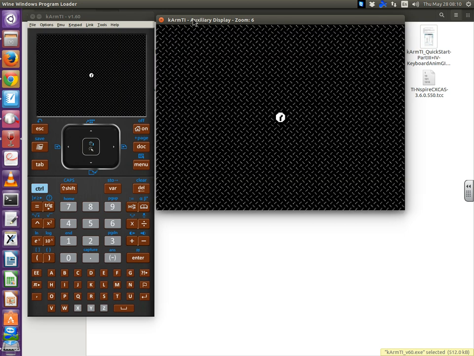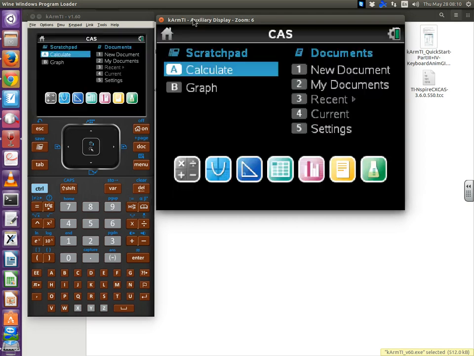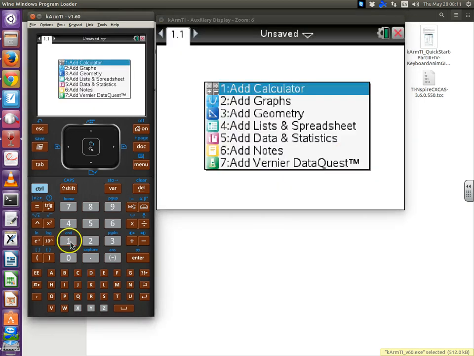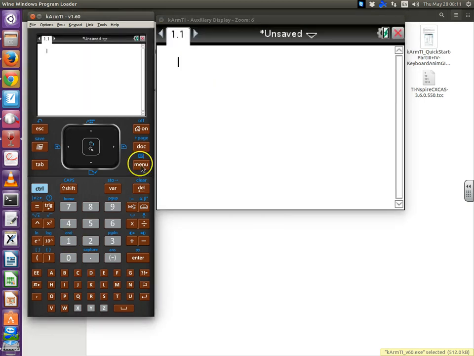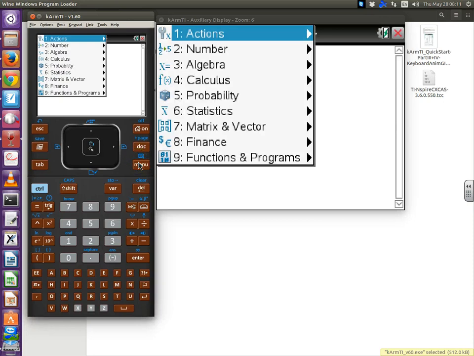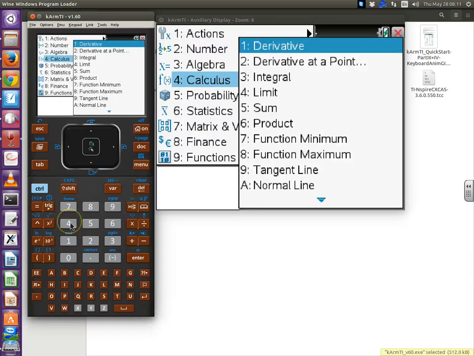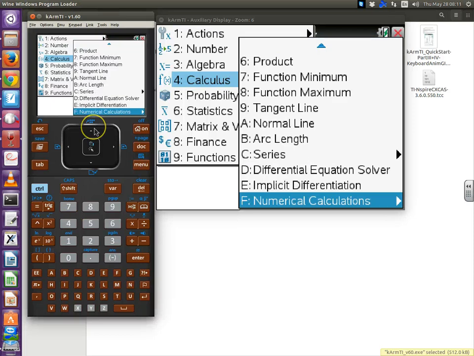Let's do a DE solve. All right, so new document, calculator, menu. All right, what do I want? Like yesterday. We did DE solve yesterday, right? Where's DE solve? Where's it in calculus? Now it's way at the bottom, isn't it?